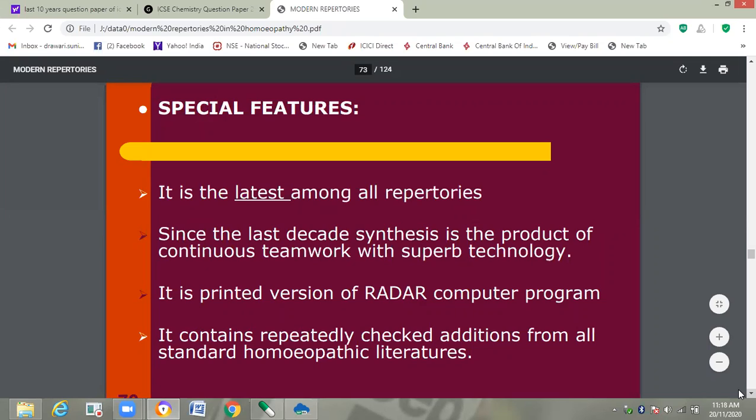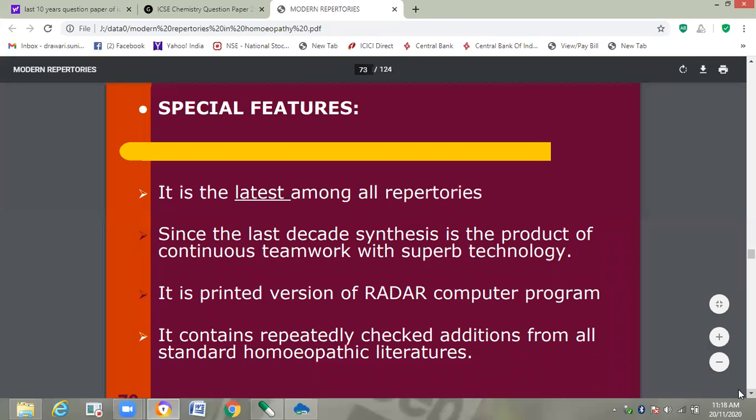It contains repeatedly checked additions from all standard homeopathic literature. The sources are indicated in abbreviated form towards the end of each medicine. That means at the end of each medicine, from where that medicine was taken, what is the source, and that it was given in that rubric.